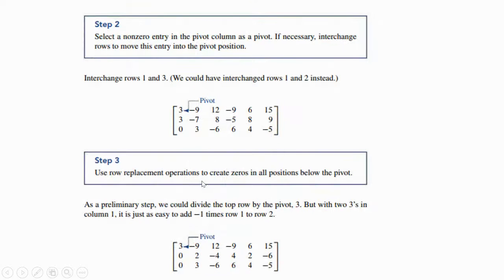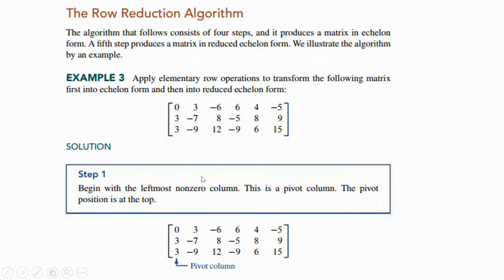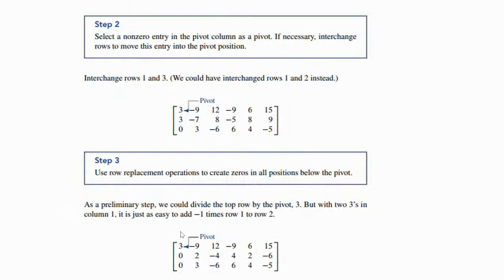Okay, so we're starting here, and the pivot position's at the top. That is the pivot column, but we're going to want to have a non-zero number up here. So we're going to have to change rows in order to do that.